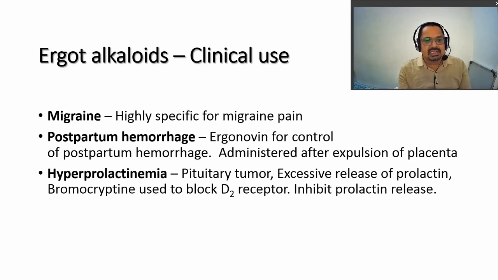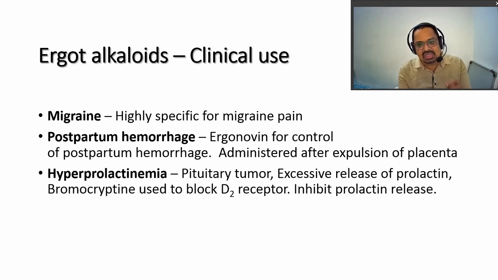As far as the clinical applications of ergot alkaloids are concerned, they are highly effective and specific for migraine. Postpartum hemorrhage is well managed using ergonovin. The postpartum hemorrhage is controlled using ergonovin. The only thing is that it should be administered after the expulsion of the placenta. The next category is hyperprolactinemia.